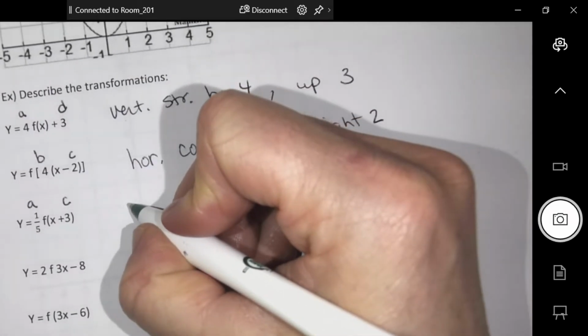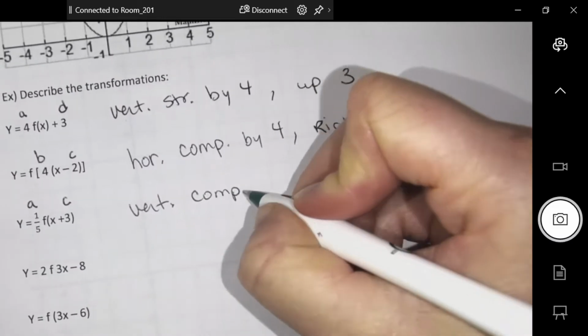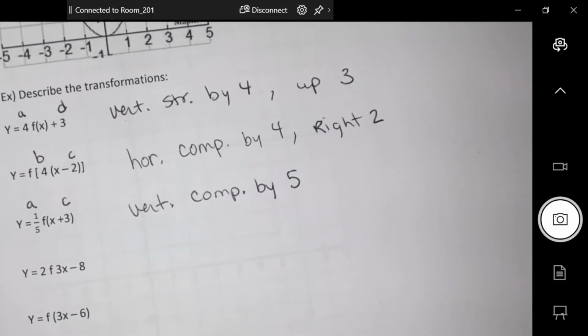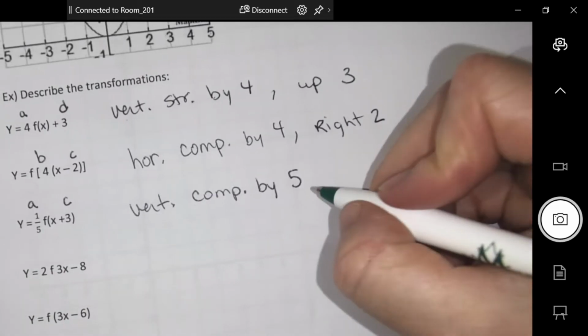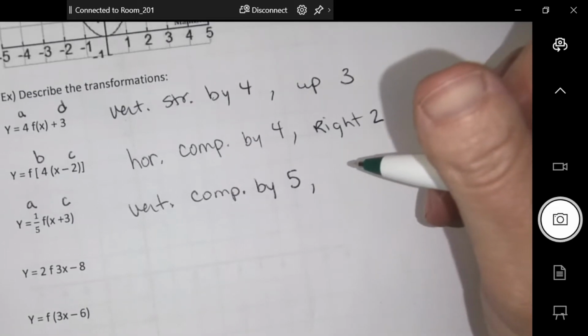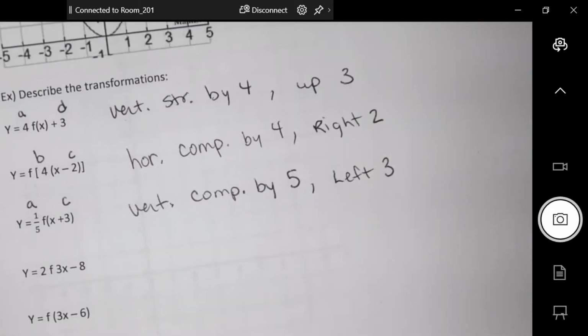We're going to say we're going to vertically compress by 5. If you're going to do something 1/5, it's compressing 5 times. And then which direction is the 3? It's an X move, so either left or right. Gotta go opposite. So left 3.